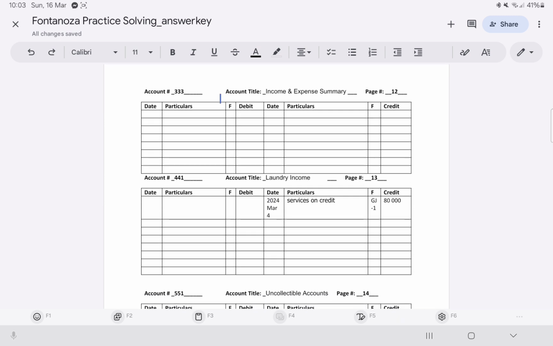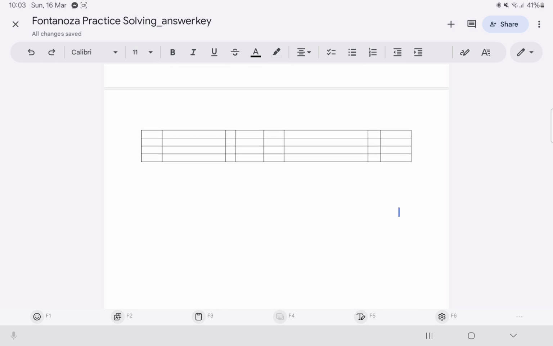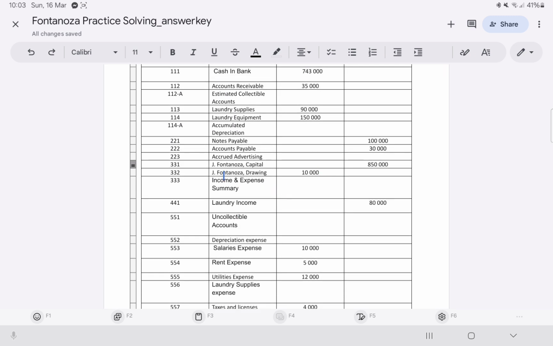Okay, so income and expense summary, no data yet. So laundry income, so 80,000 in credit. Okay, post here. So again, same data from the general ledger. 850,000 credit and drawing is 10,000. Income and expense summary, no data. And laundry income is 80,000.